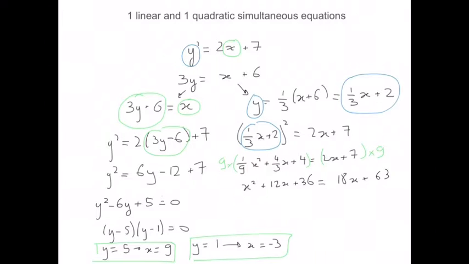Let's put everything on the left-hand side. We get x squared minus 6x minus 27 equals 0. Here again, you can factorize this expression as (x minus 9)(x plus 3) is 0.